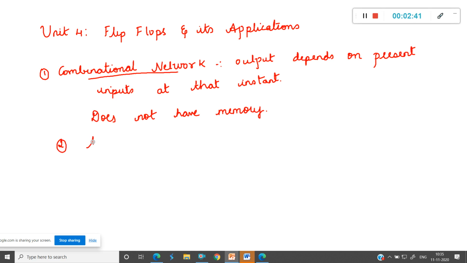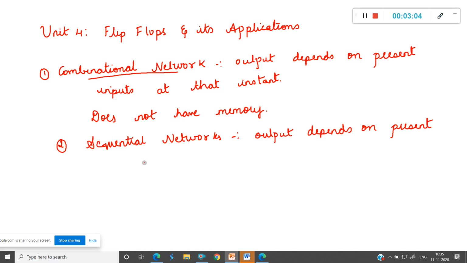Next, the second type we have is sequential networks. In a sequential network, the output depends on the present and past history of inputs.